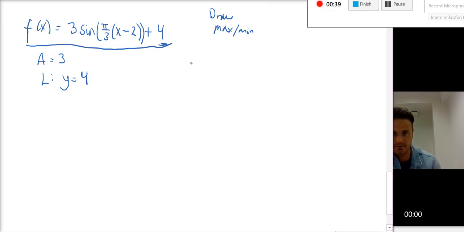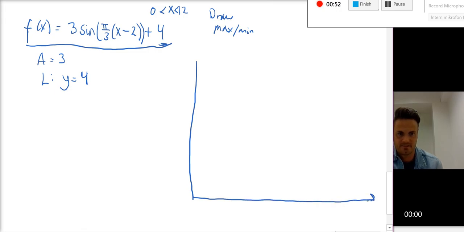Then I can start drawing, and let's say x should be between 0 and 12. First of all, I draw the x-axis from 0 to 12: 1, 2, 3, 4, 5, 6, 7, 8, 9, 10, 11, 12.